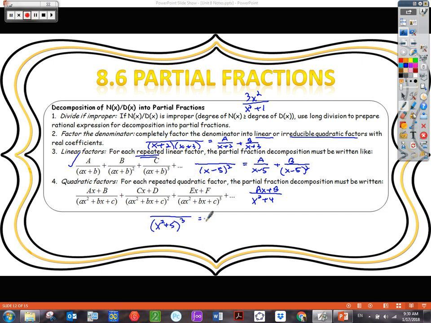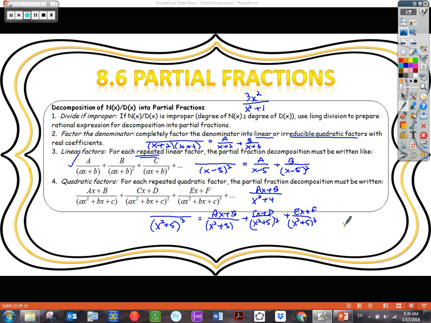That would be Ax plus B over x squared plus 5, plus Cx plus D over x squared plus 5 squared, plus Ex plus F over x squared plus 5 cubed. Notice how I put something different in the numerator if it's an irreducible quadratic versus a linear.